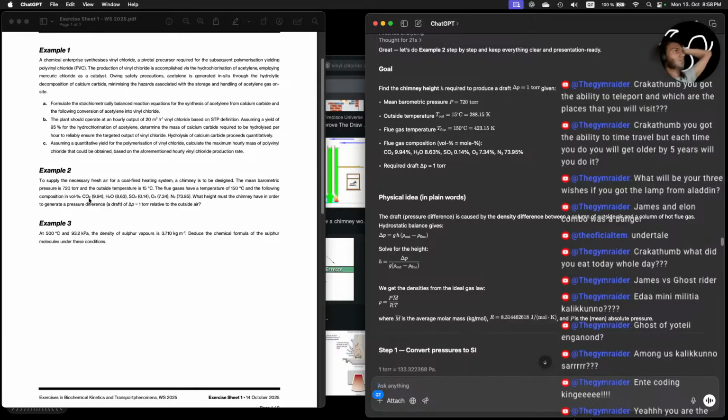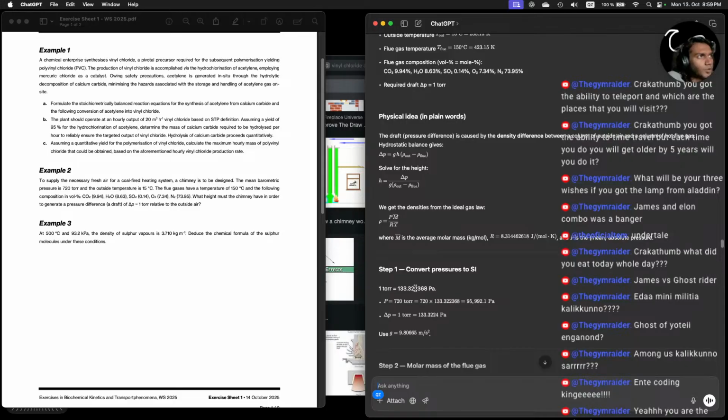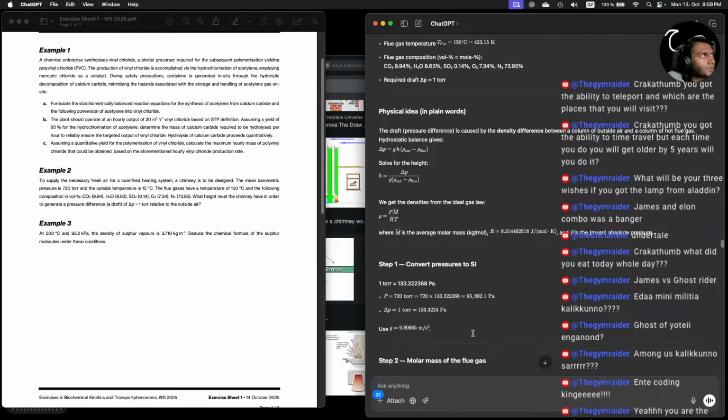What is g? Is it a gravitational constant? I don't think so. Convert Torr to Pascal. Oh, it's a gravitational constant.